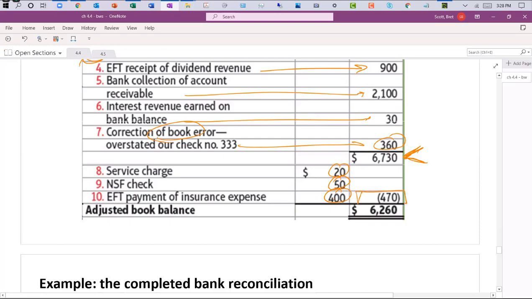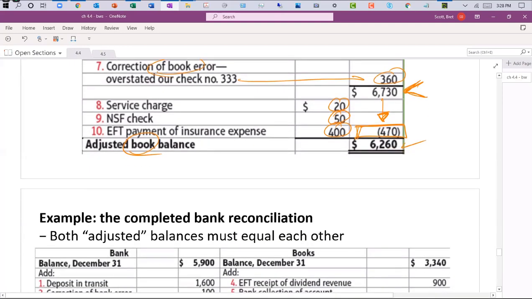And then we record the total as a negative number. Do our math on the way down, and then boom, it gives us an adjusted book balance. Now, at this point, when you do this for the homework, you'll automatically compare this number with the adjusted bank balance. And oftentimes you'll find the two don't equal each other.